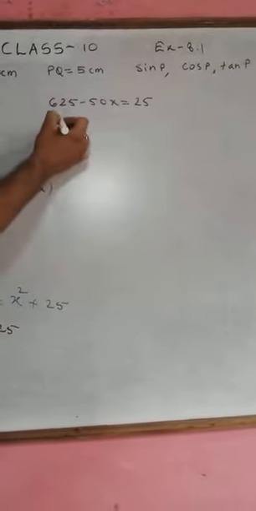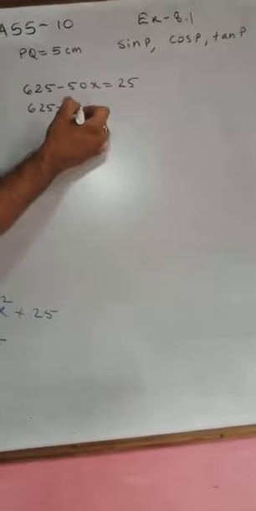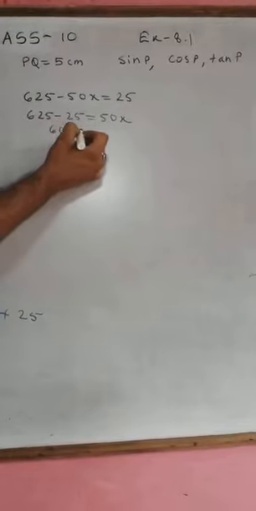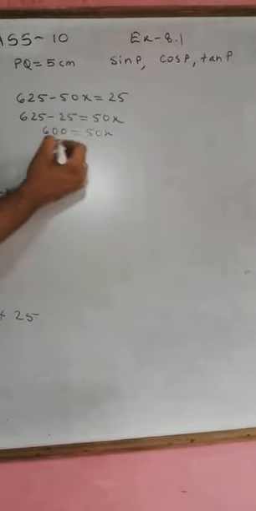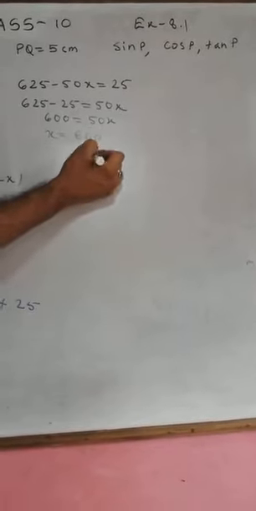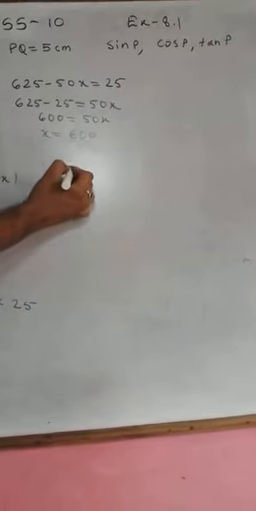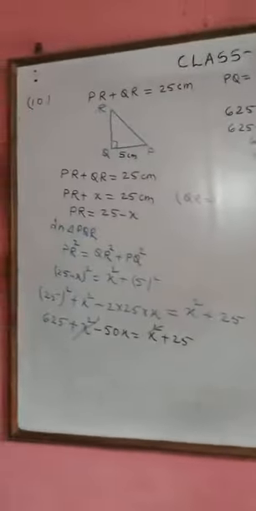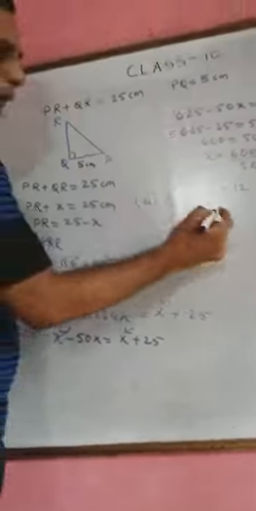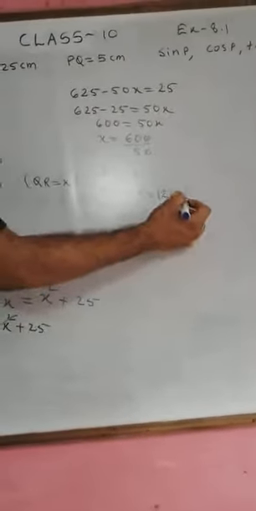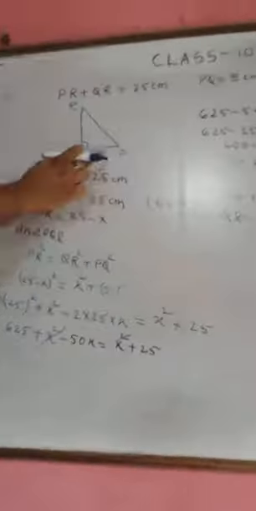So 25 will transpose to this side, equal to 50X. So 600 is equal to 50X. X is equal to 600 divided by 50. 0, 0 cancel. X is equal to 12. That means QR is equal to 12 centimeter, because QR is equal to X. Now what is the value of PR?